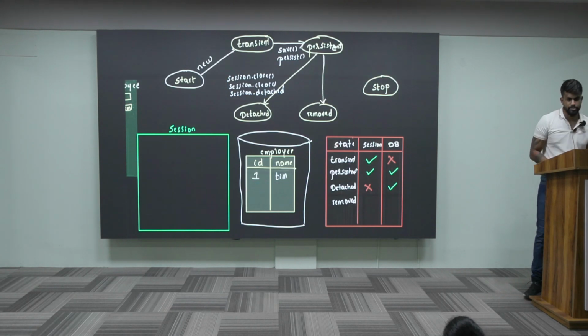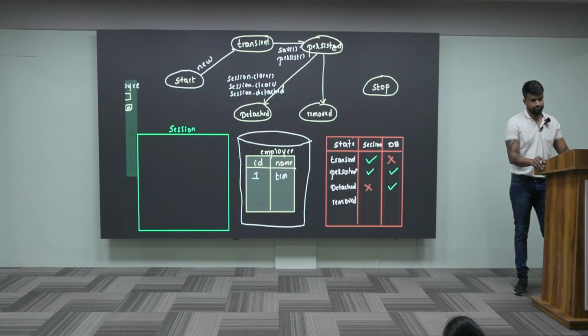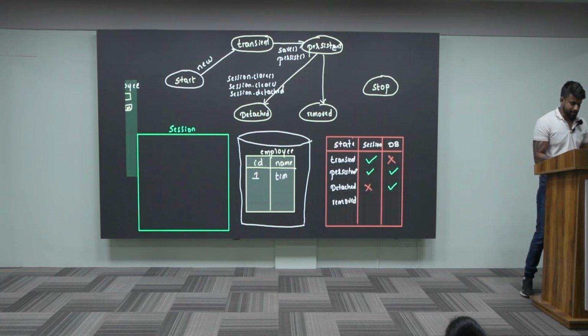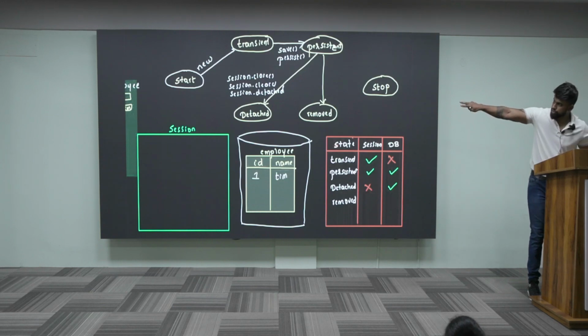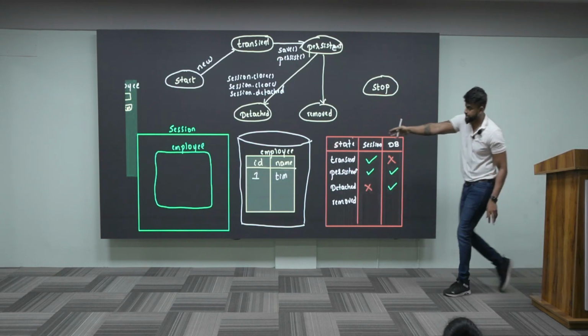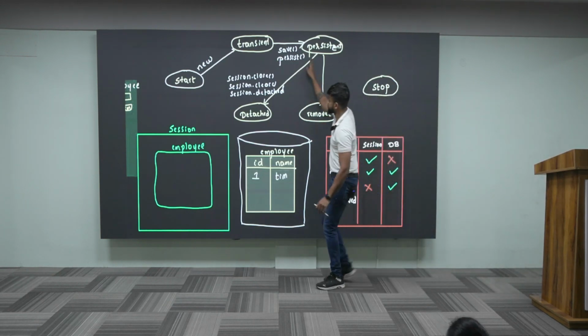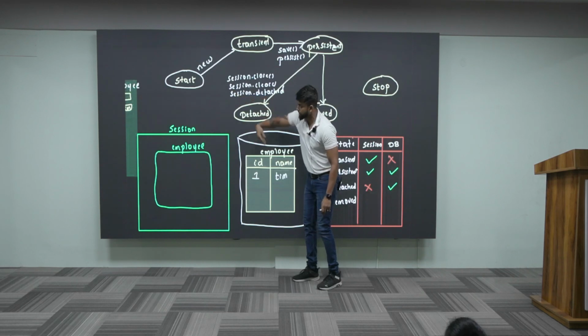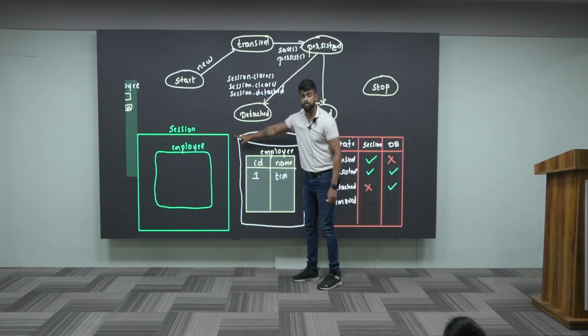Think that this fellow is already there. You understood detached, but to explain the next state I need one object. Which object? The employee object. So I'm just getting him back, just to explain this state. No problem in this? Yes or no?